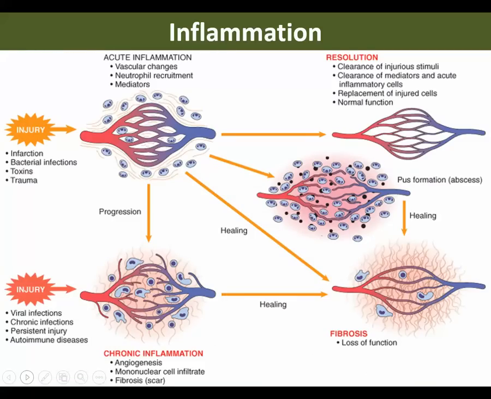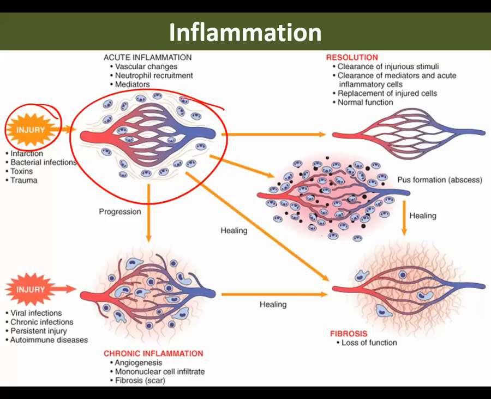Okay, now it is a summary. When there is injury and the inflammation is activated, what happens? There is vasodilation, fluids coming out, proteins coming out, cells coming out. The cell is the neutrophil, taking the bacteria, killing the bacteria, and dying. So what is collected in that area?